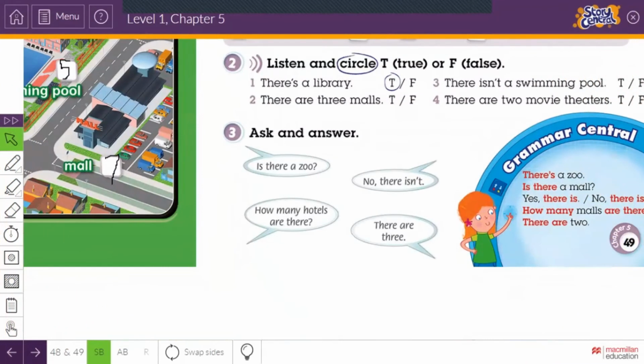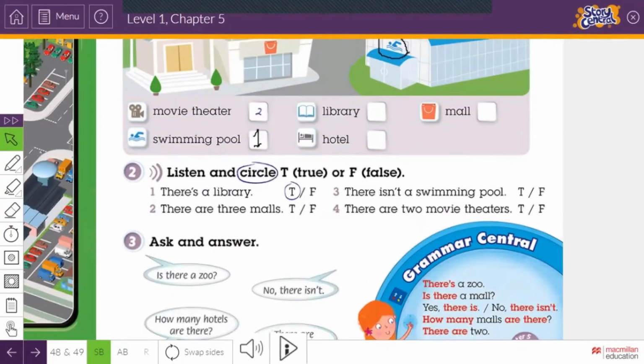Okay, now let's move to activity 2. Activity 2. Listen and circle T for true or F for false. Okay, the first one. There's a library. Okay, ada sebuah perpustakaan di gambar yang ada di atas. True or false? Because it's true, just circle T. Okay, now number 2. There are 3 malls. Ada 3 malls.